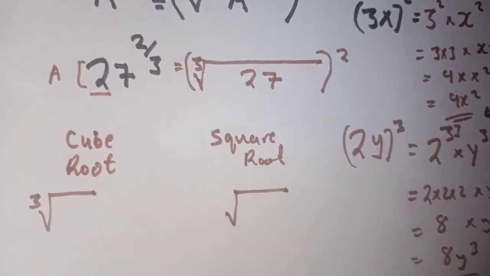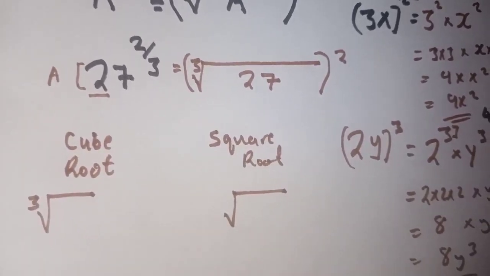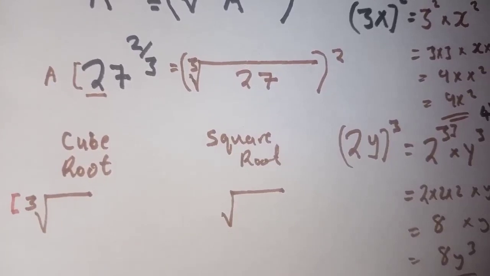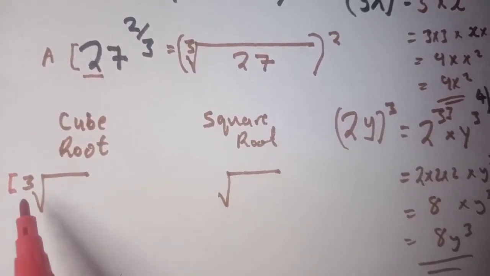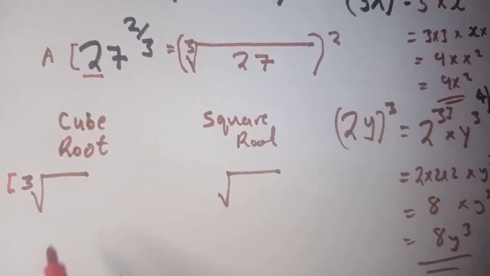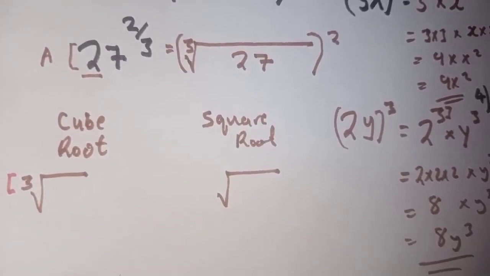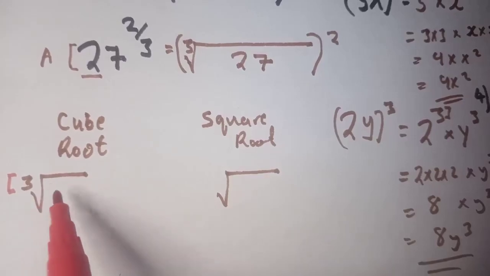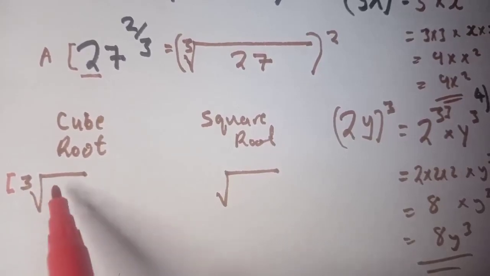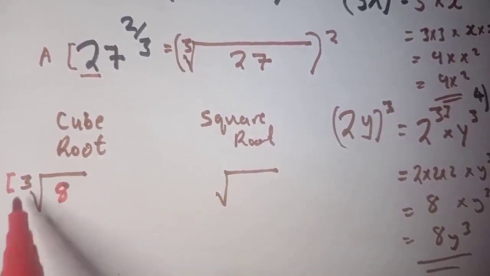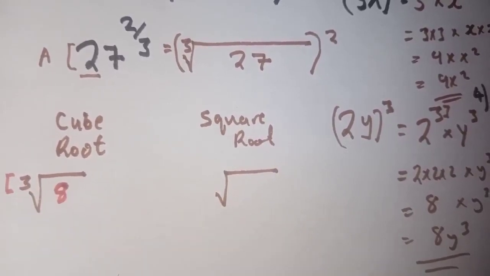So what does this 3 mean here? What that 3 means is that whatever number is in here, let's say the number in here is 8, this 3 tells you to look for a number.